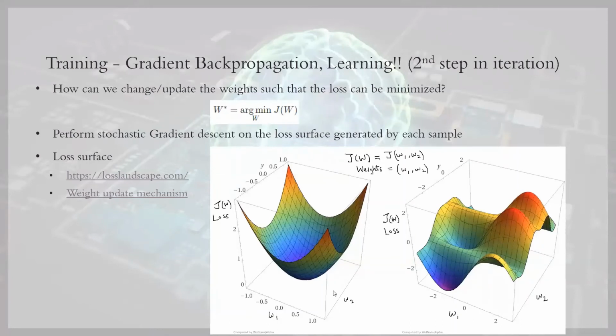This is not a matrix, please note, this is just a number. W1, W2. But when you say matrix, it will be a high dimensional function. This is a 2-dimensional function, because the third dimension is J(W). The height is the loss, and the W is the weights.